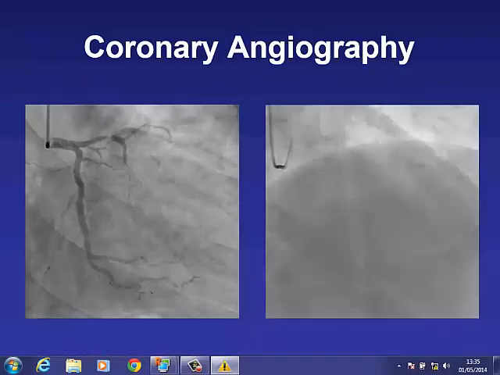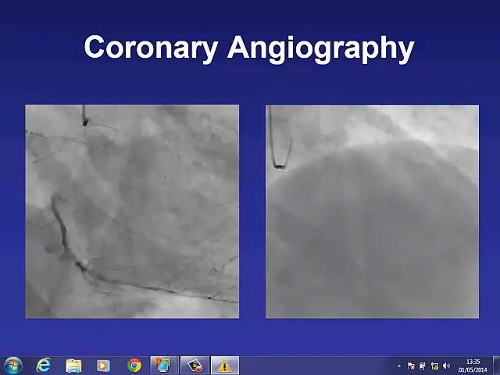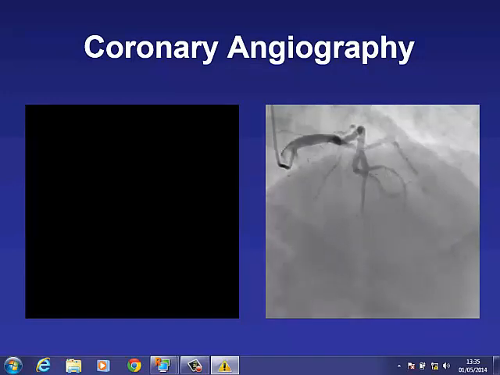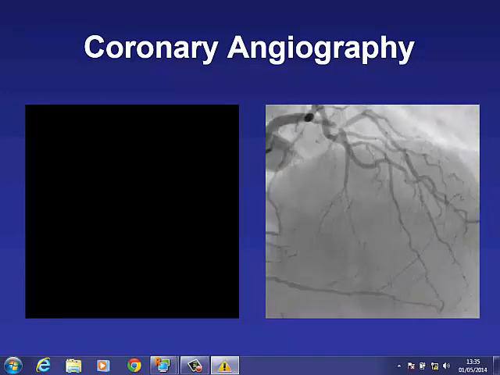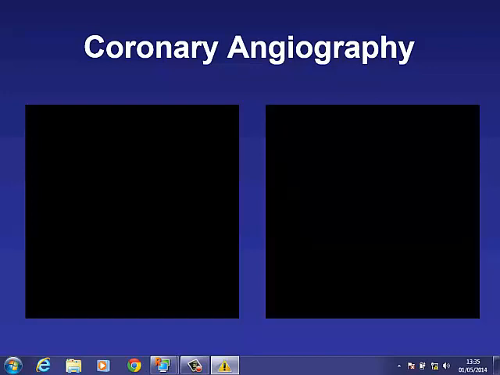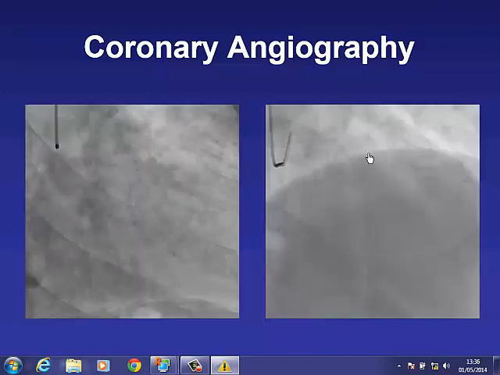The next morning, the patient was taken once again to the cath lab because the patient during the night had slight pain, and this was the picture. As you can see, within 11 months, a new critical lesion in the LAD involving both the diagonal and the septal branch.